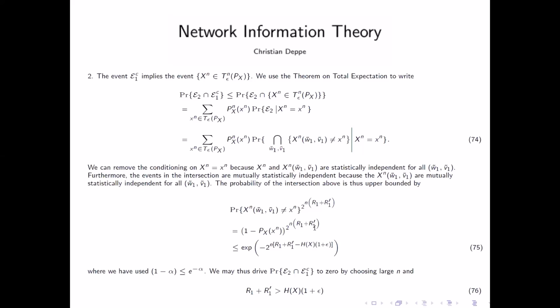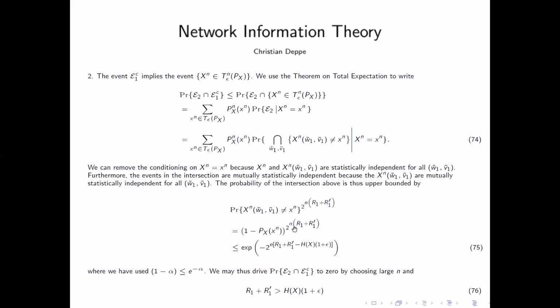And here we use the same trick we used before, that 1 minus alpha is less than or equal to e to the minus alpha. So we can estimate this as e to the minus 2 to the n times R1 plus R1 prime minus H of X times 1 plus epsilon, because we know that the probability that a sequence is typical is 2 to the minus n times the entropy of X. If we insert this here, we get this expression.